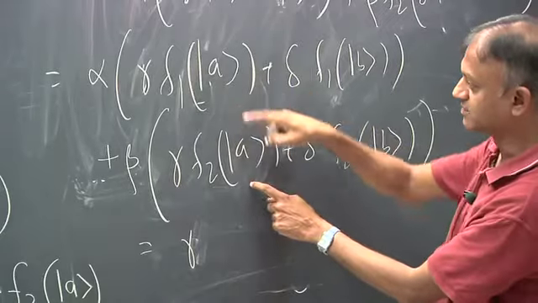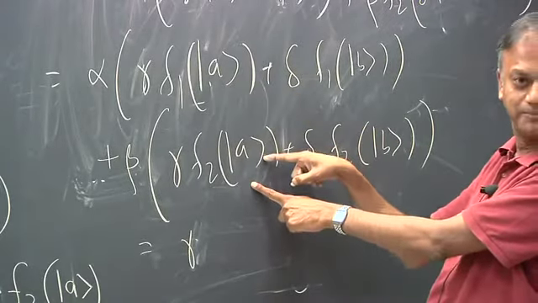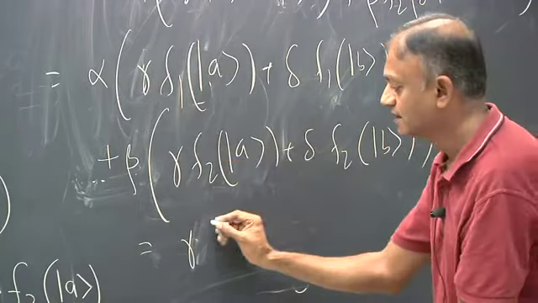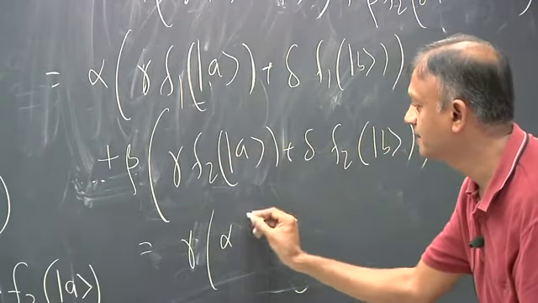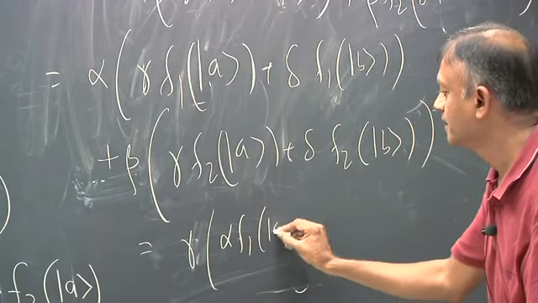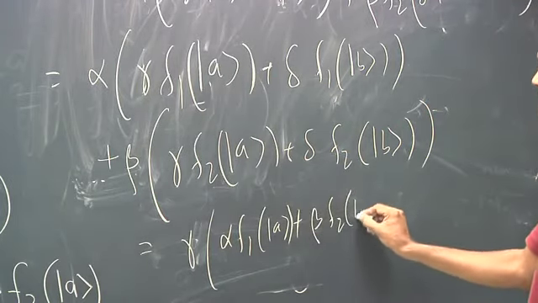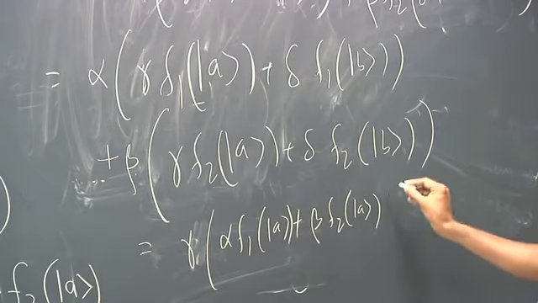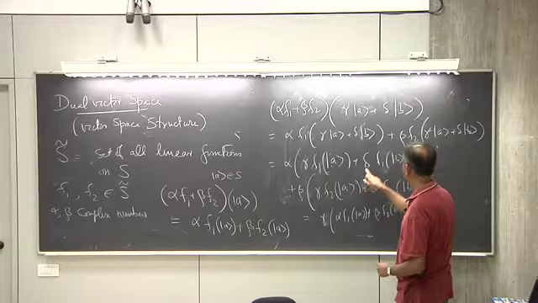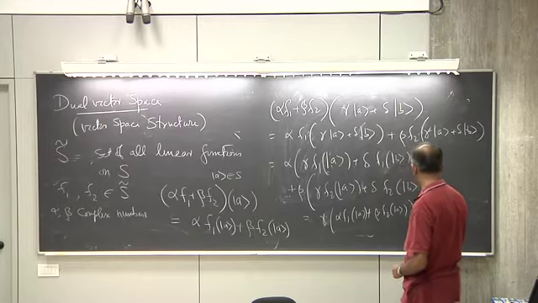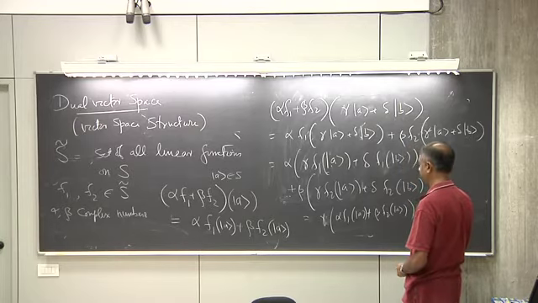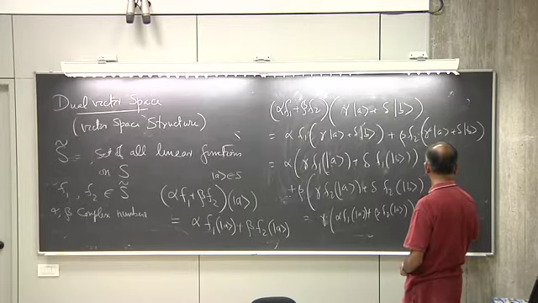I'm just taking these two terms now, because both come with A. So I take gamma out, and then here I put alpha F1A plus beta F2A. Okay, so that's the first term. Then similarly, I take the delta terms separately. So I get here delta and alpha F1B plus beta F2B.